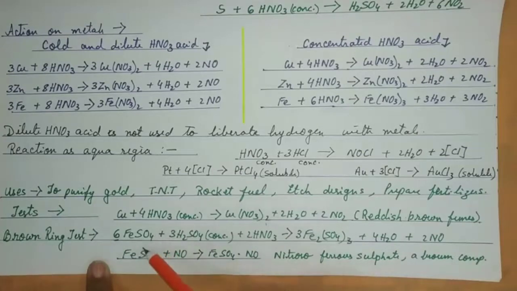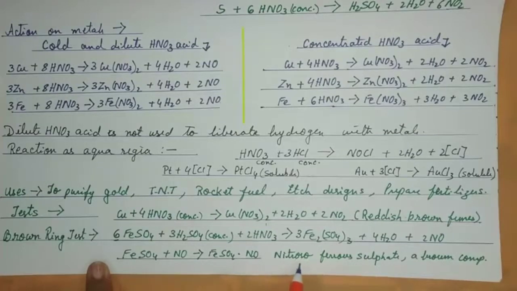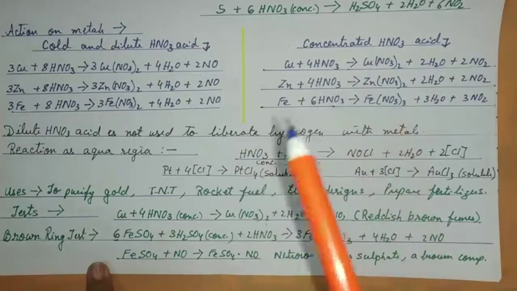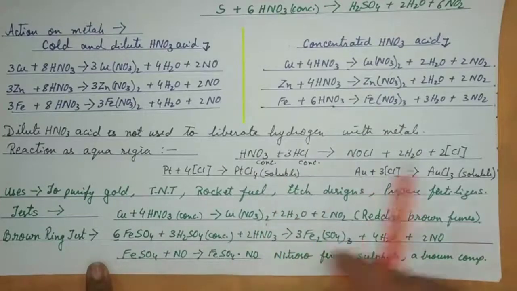So freshly prepared ferrous sulfate, when added from the sides of the test tube, will give you a brown ring, and the compound is nitrosoferrous sulfate, a brown compound which is very unstable. If you shake it or heat it, it will dissolve very fast. But this brown ring at the sides of the test tube is known as the brown ring test for a nitrate.